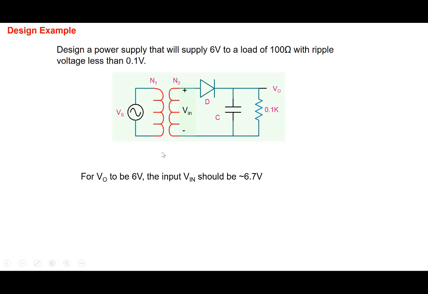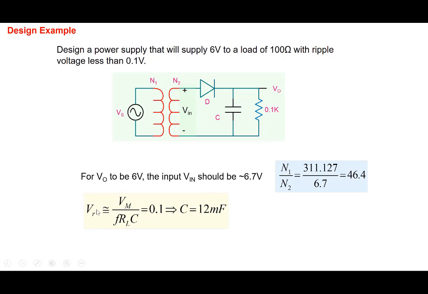So let's do that. For V0 to be 6 volt, the input should be roughly 6.7, and since Vs is 311.127 and this is 6.7, we need a turns ratio of 46.4. So we need to choose a transformer appropriately based on this number.